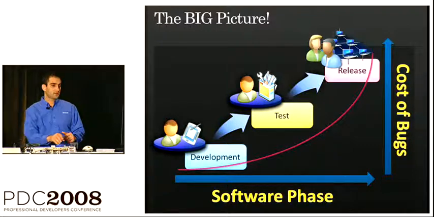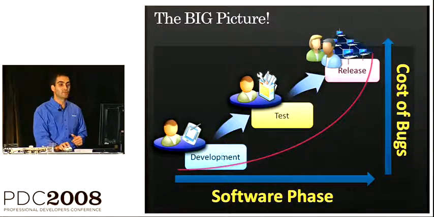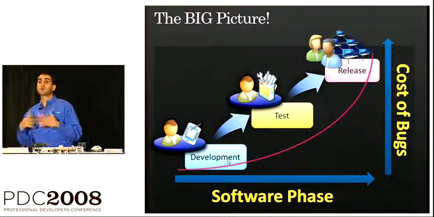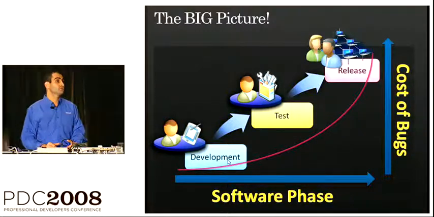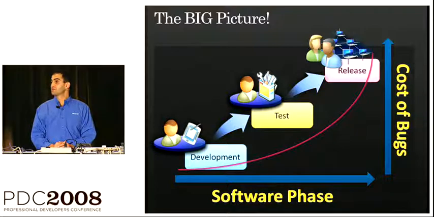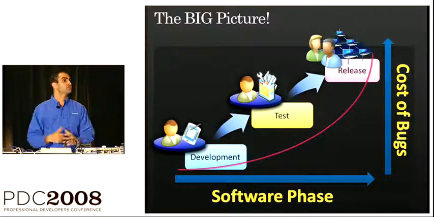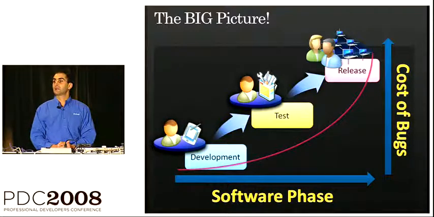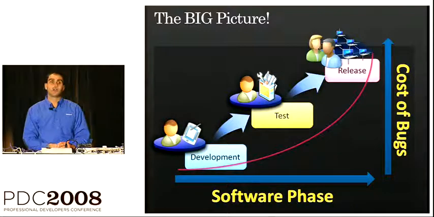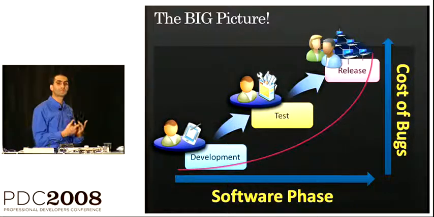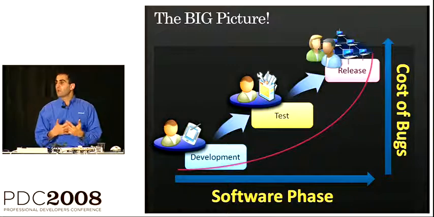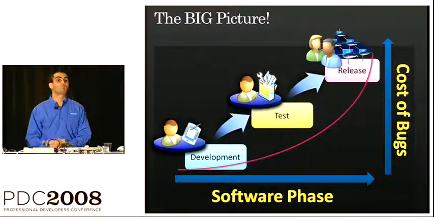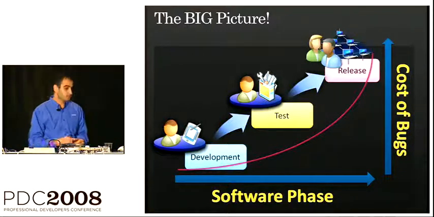In today's environment, we have a set of tools that allow you to stop bugs from entering the system to begin with. Code analysis, available starting from VSTS 2005, is one of the tools that allow you to see what defects you might have in your code before you even run it.